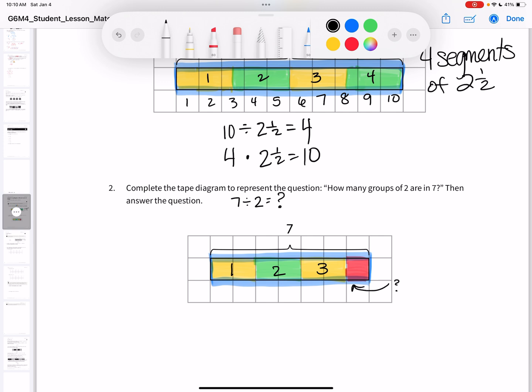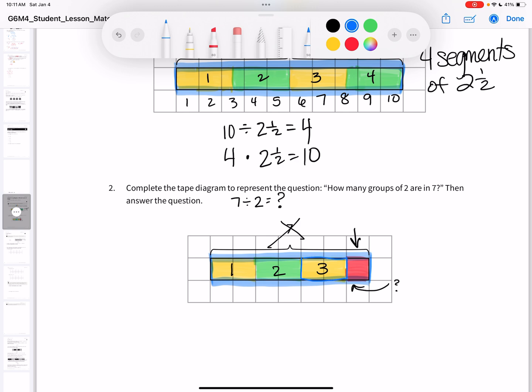Now, in order to do this, we do not look at the whole anymore. You ignore that because we don't need that anymore right now, okay? That whole means nothing to us when we're trying to figure out this leftover square, okay? So instead, we are going to look here.